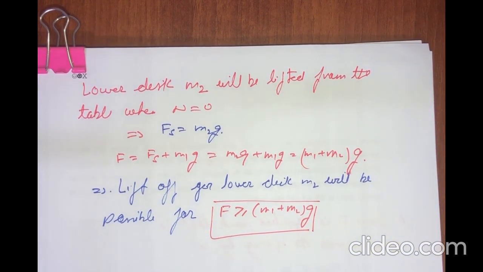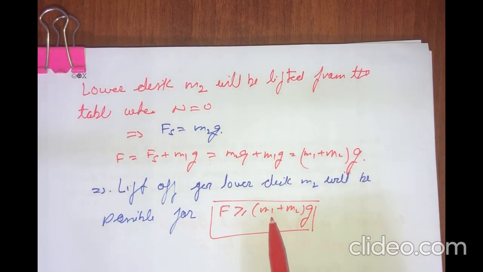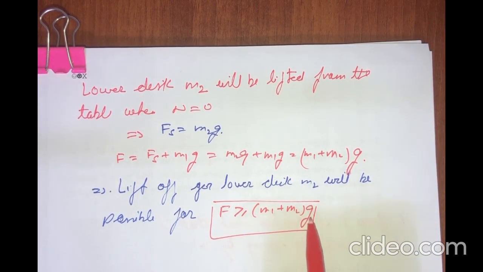So if the applied force is greater than or equal to M1 plus M2 multiplied by G, then the lower disk will be lifted off from the table.